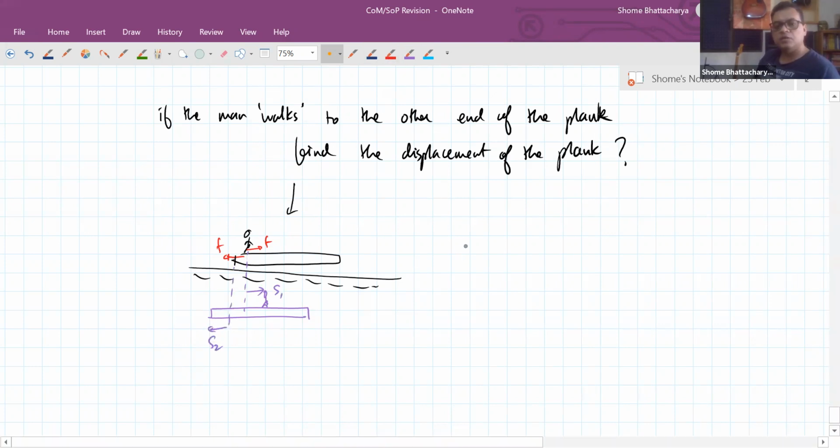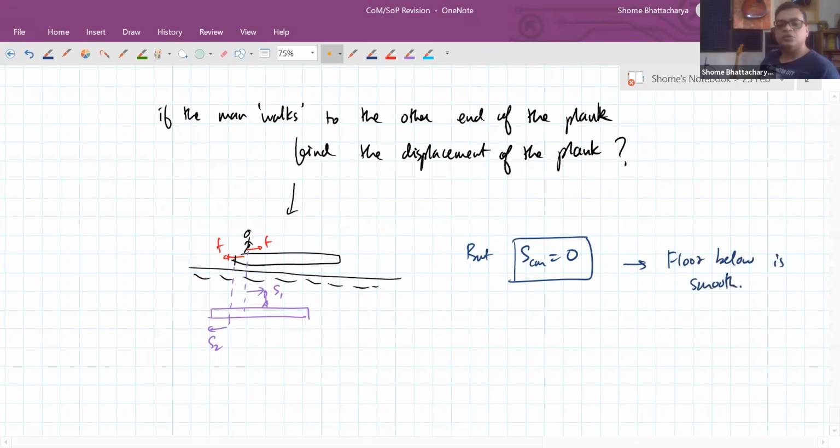But the displacement of the center of mass will be zero because the floor below is smooth, so the net force on the system is zero.